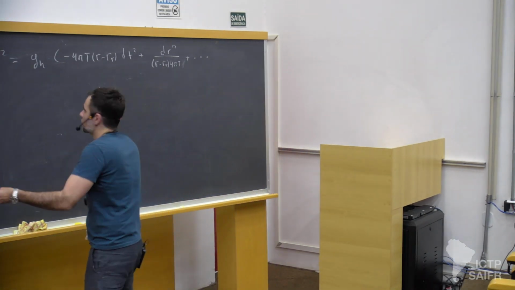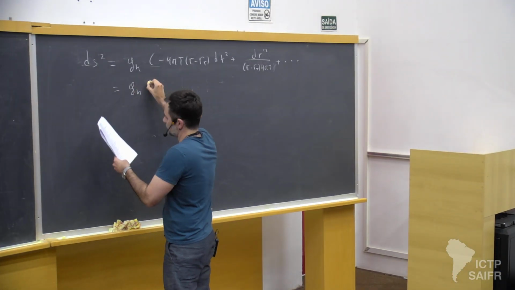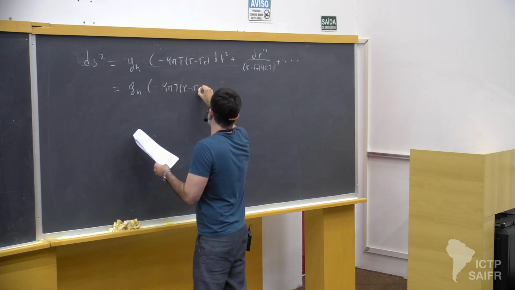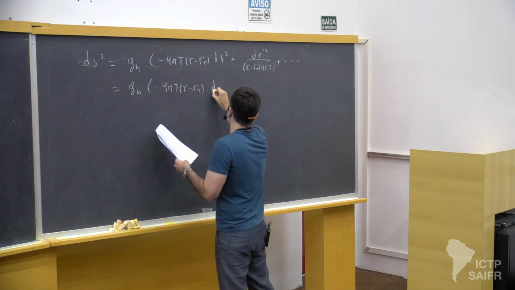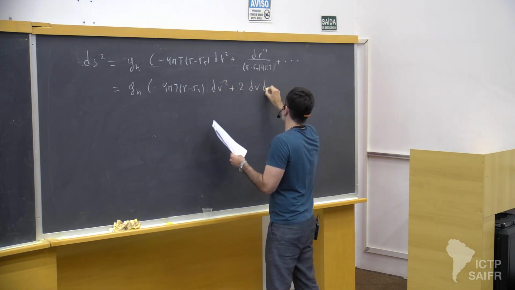And now if I go to these v and r coordinates, I will have g8 times minus 4 pi T (r minus r plus) dv squared plus 2 dv dr.